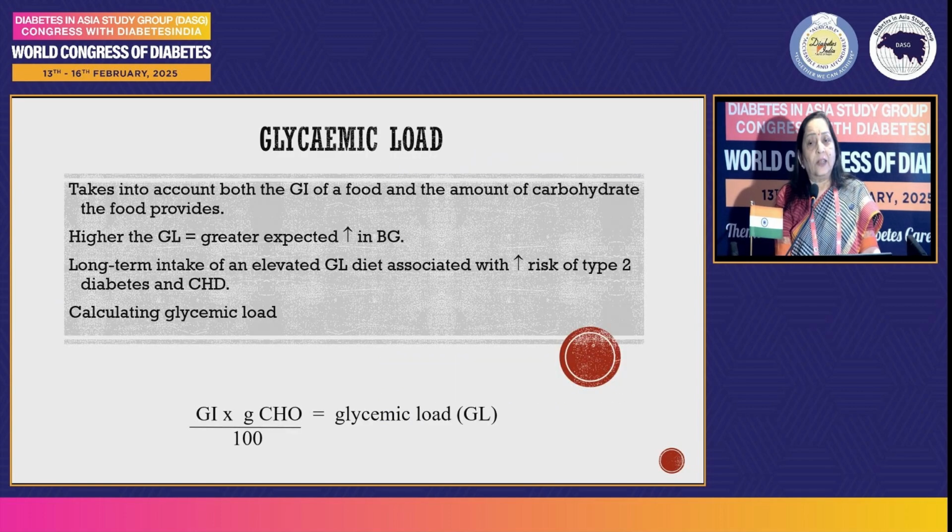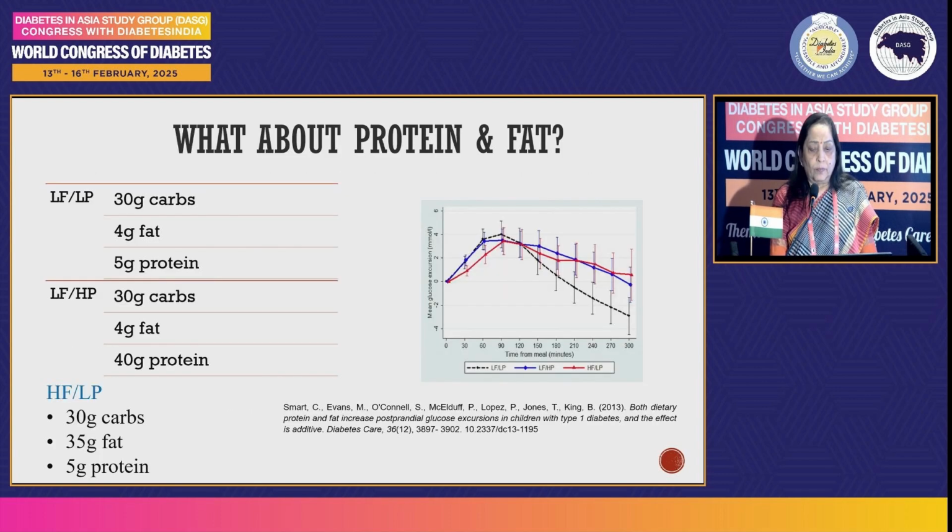So how to calculate glycemic load is very important. The glycemic index of the food multiplied by how much carbohydrate you intake, divided by 100, is equal to the glycemic load. If the glycemic load is less than 10, it is a low glycemic load, and if the glycemic load is more than 30, it means very high glycemic load.